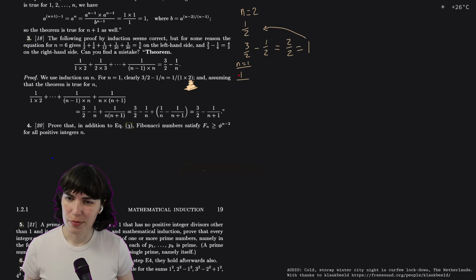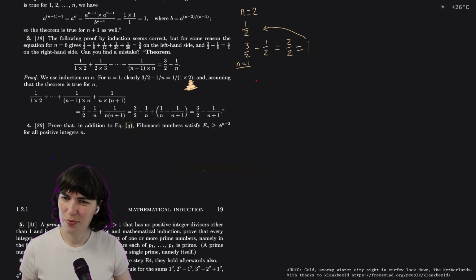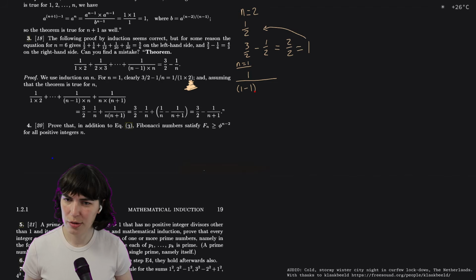N equals 1. The actual series, right? We're sort of being tricked by this. It should end at 1 over 1 minus 1.